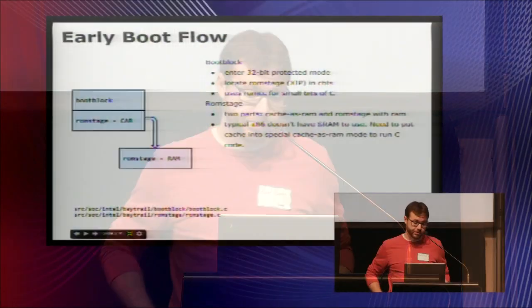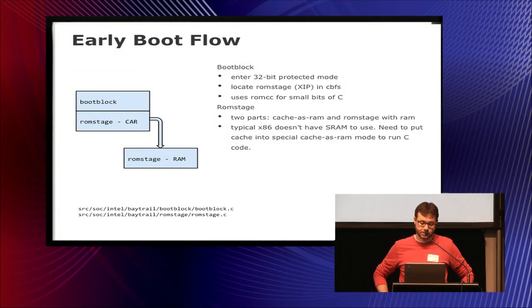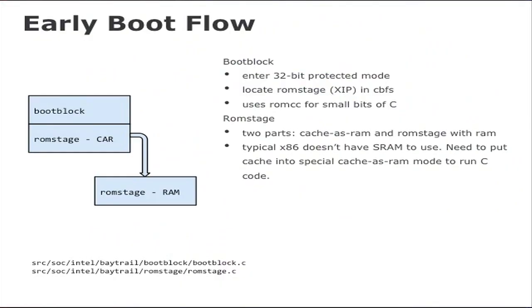So for the early boot flow on x86, there is this concept of boot block, ROM stage, RAM stage that Duncan did talk about. For x86, the boot block is execute in place. It uses ROMCC, as Duncan noted before. It's a very constrained environment, and it actually depends on the amount of registers available, so if you're trying to compile C, basically how many registers do you have to spill, because obviously you have no stack at this point.